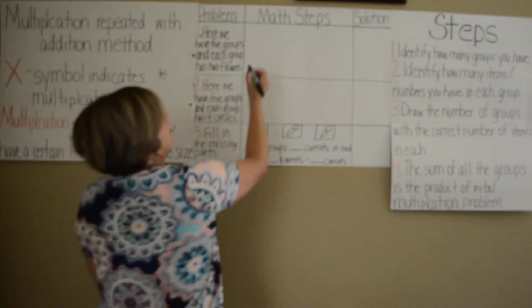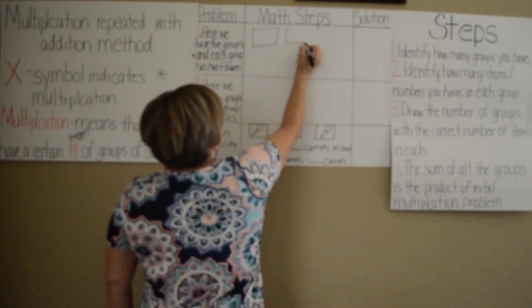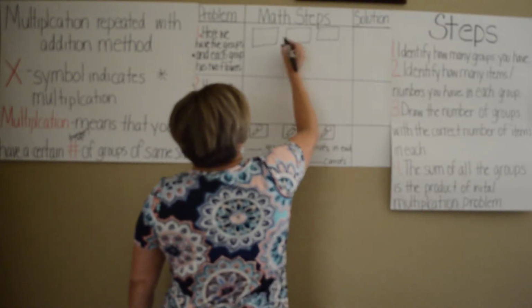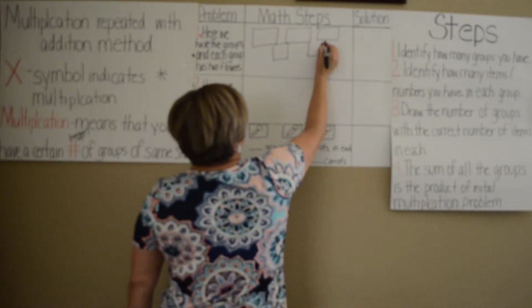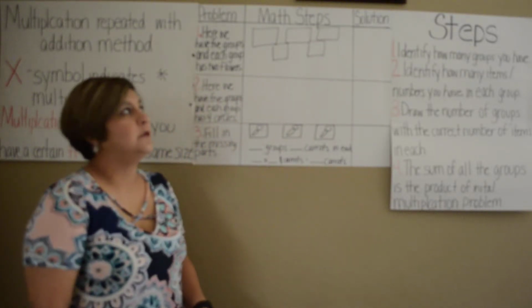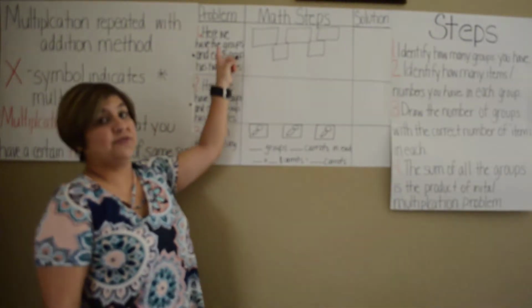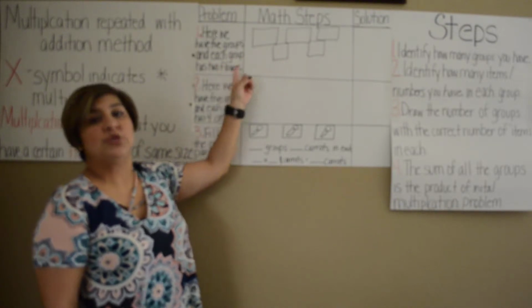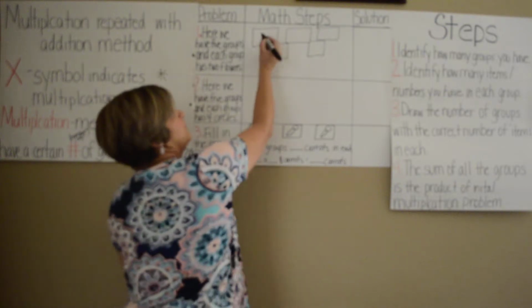So we can draw 5 little squares. So there are your 5 squares. Now we know that there's 5 groups. So there's 5 boxes, and each group has 2 flowers. So we can put 2 flowers in each group.